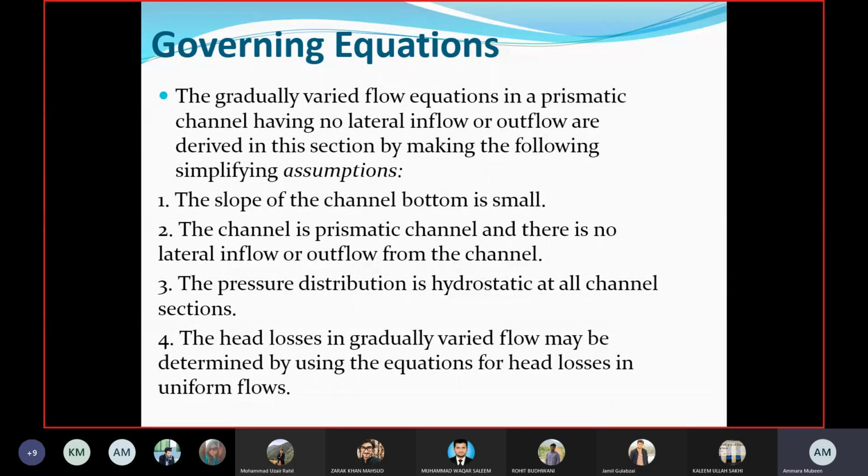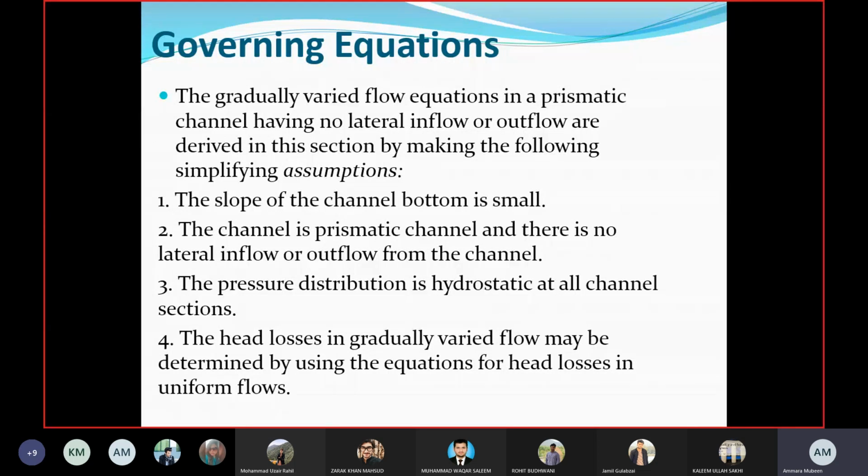According to the assumptions, the slope of the channel bottom is small. The channel is a prismatic channel and there is no lateral inflow or outflow from the channel. The channel is prismatic, it means the cross section is not changing. And there is no lateral inflow or outflow from the channel.